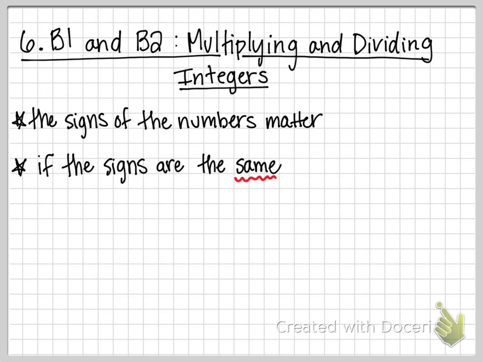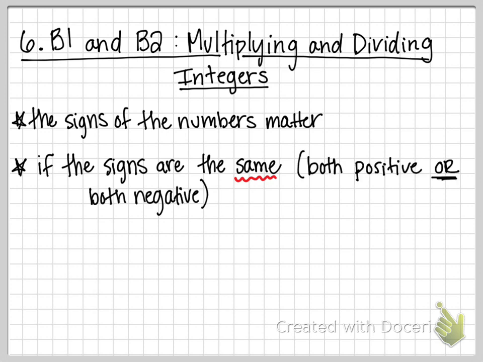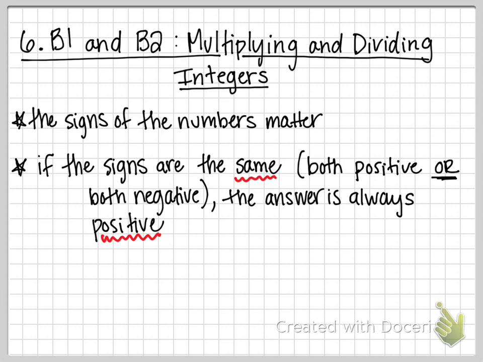If the signs are the same. So if you're multiplying two numbers or dividing two numbers and they have the same sign, so they're both positive or they're both negative, the answer will always be positive.